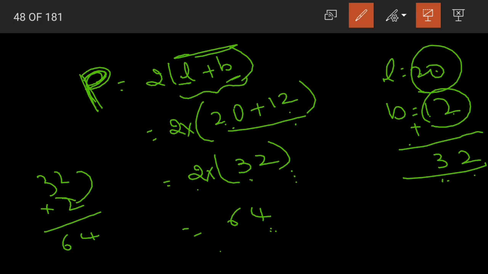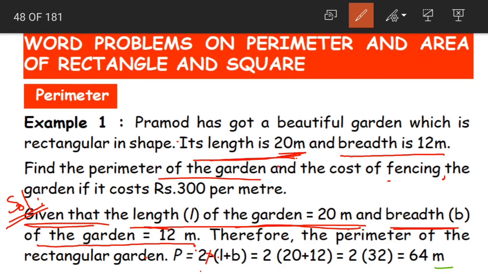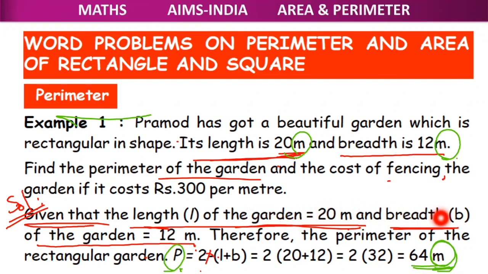Understood what is the answer here? 64. Perimeter is equal to 64. And what will be the unit of measurement? As in the given question, the length and breadth are in meters, the perimeter will also be in meters. Therefore, the perimeter of our rectangular field here is 64 meters.